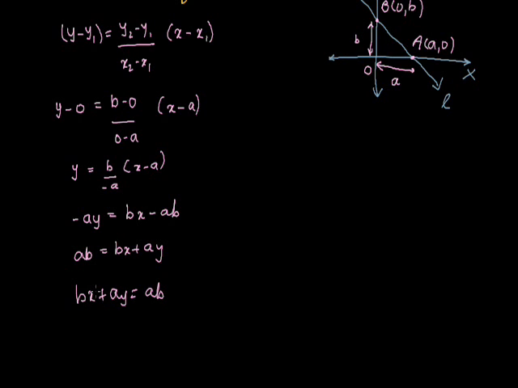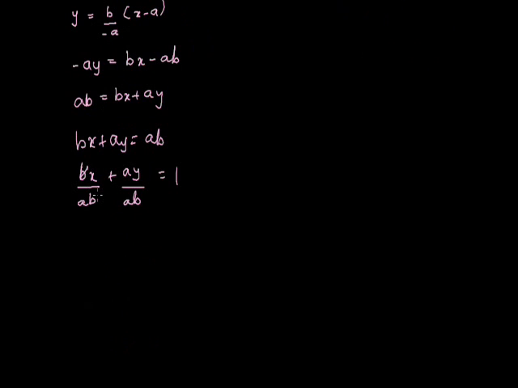Now dividing both the sides by ab, I'll get bx upon ab plus ay upon ab is equal to 1. So b and b got cancelled out, a and a got cancelled out, so I got x upon a plus y upon b is equal to 1.